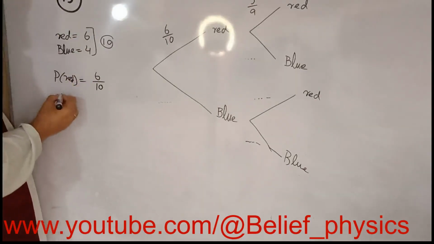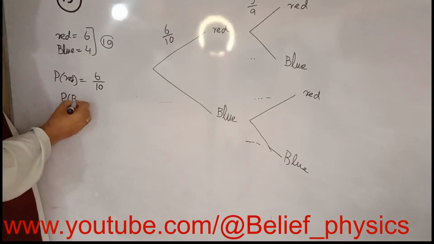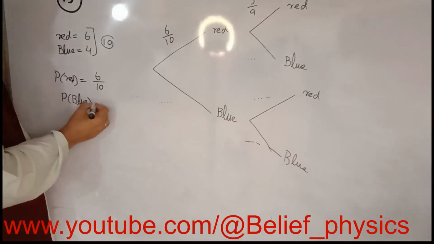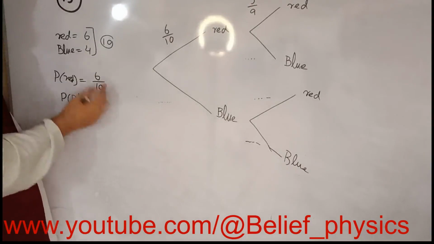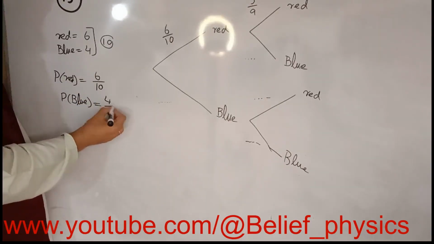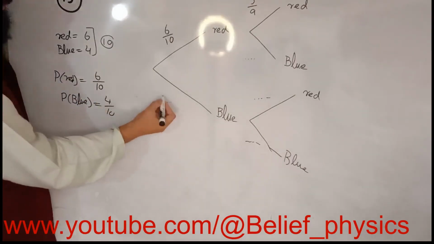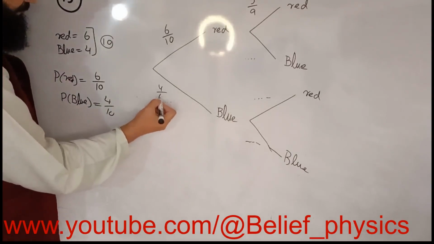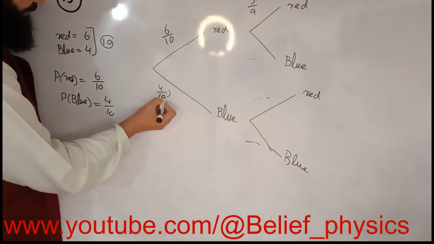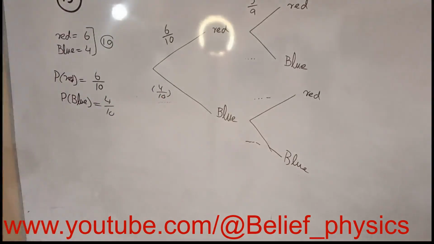Similarly, probability of blue will be equal to number of blue over total. Number of blue is 4 over 10. So here will be 4 over 10 because the probability of blue in drawing the first time is 4 over 10.